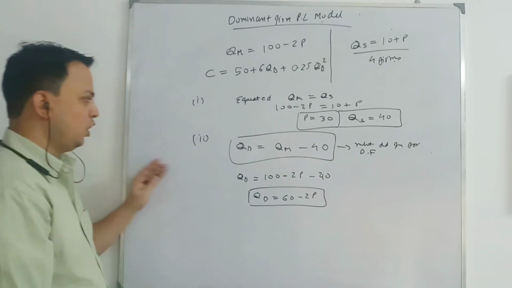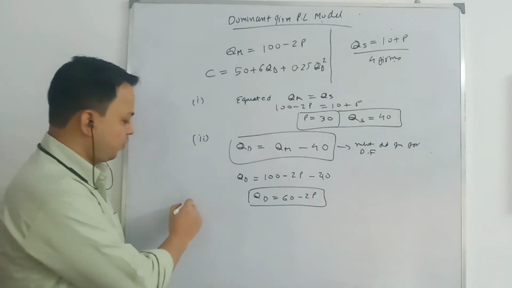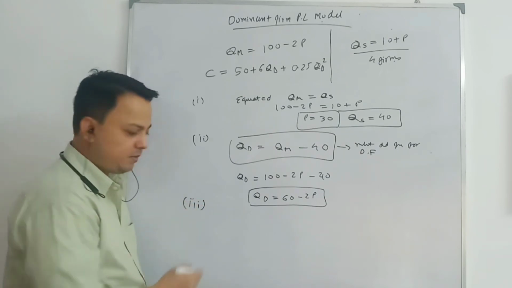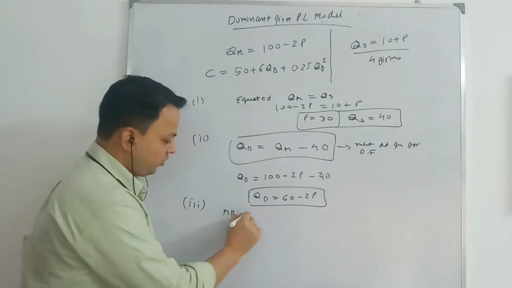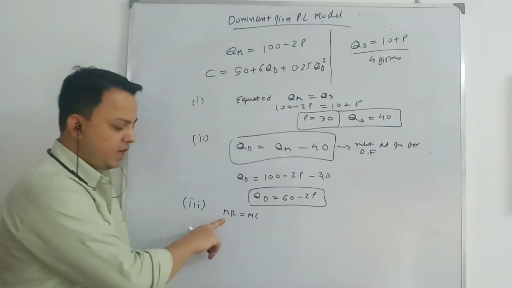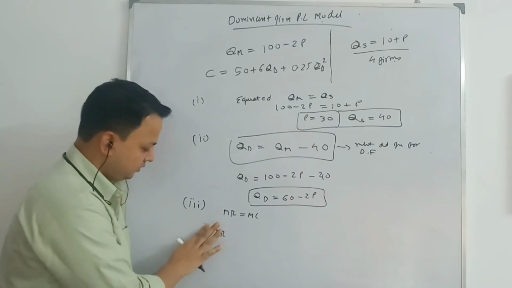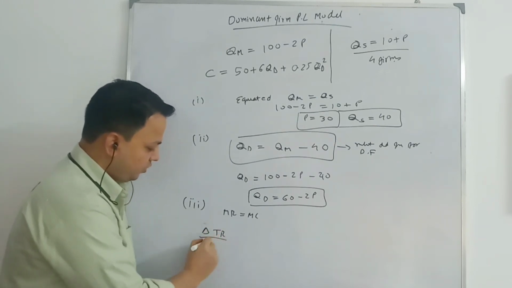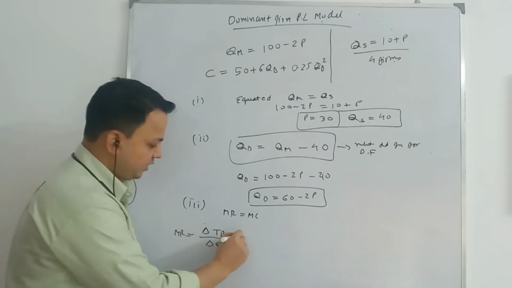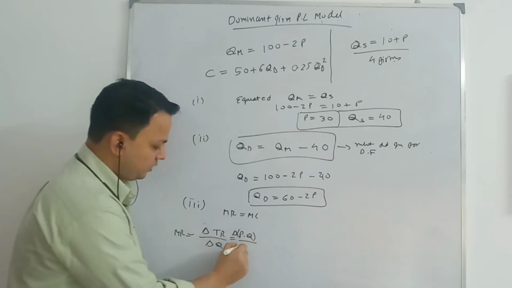What will the dominant firm be doing? The dominant firm will be maximizing its profit. So what is the profit maximization condition? MR equal to MC. How do we derive MR? MR is the change in total revenue due to change in quantity.